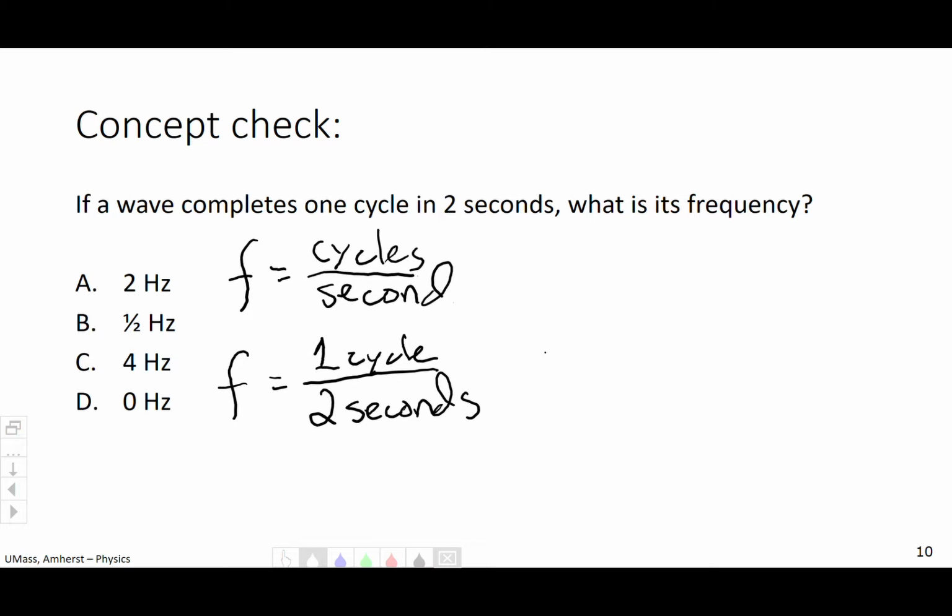So that gives us 1/2 cycles per second. And the unit of cycles per second is hertz. So we end up with 1/2 hertz, and that is B.